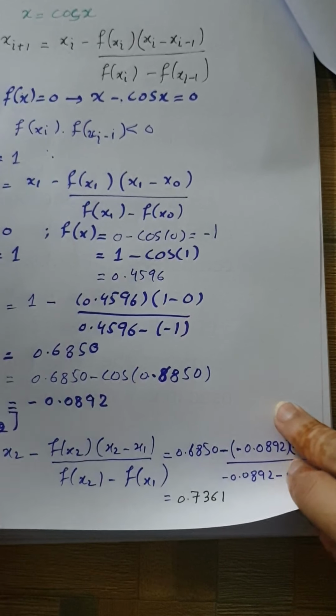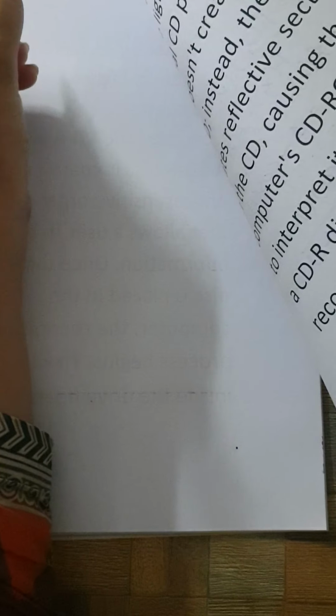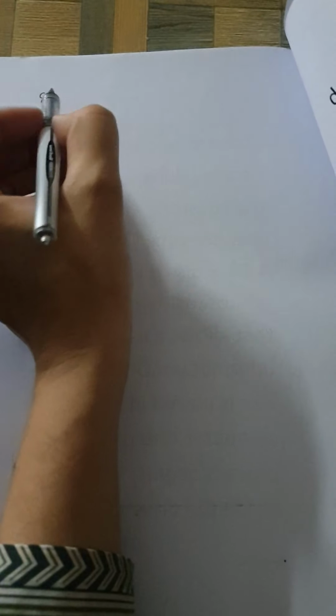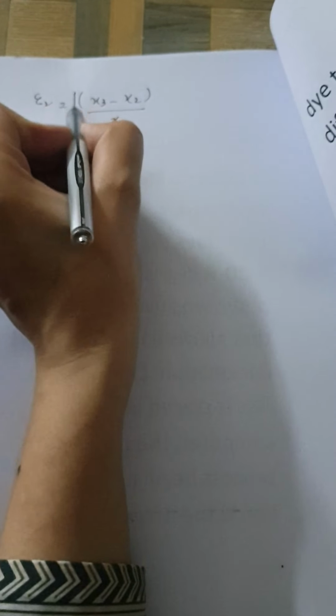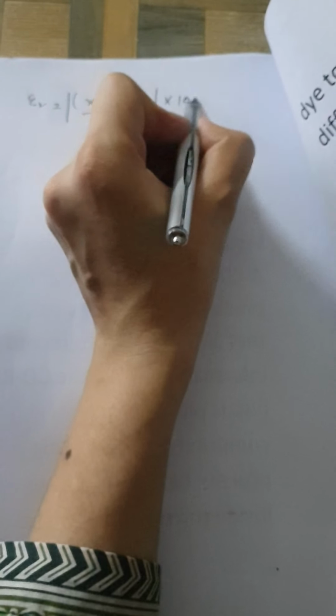So let's calculate the relative approximate error, which is given as E_r, equal to the absolute value of (x3 minus x2) divided by x3, multiplied by 100.